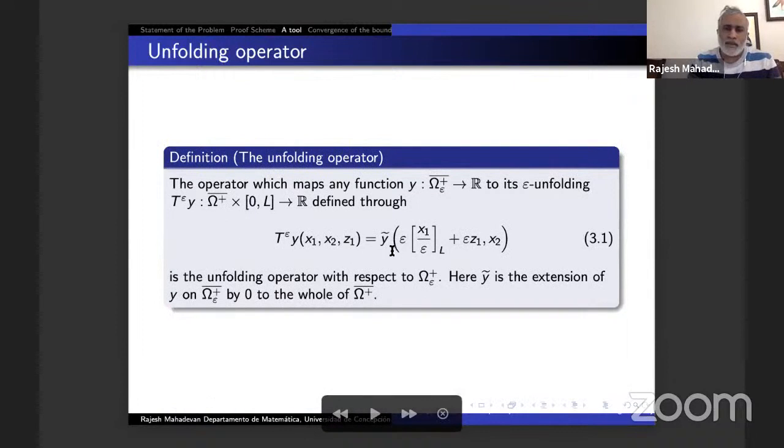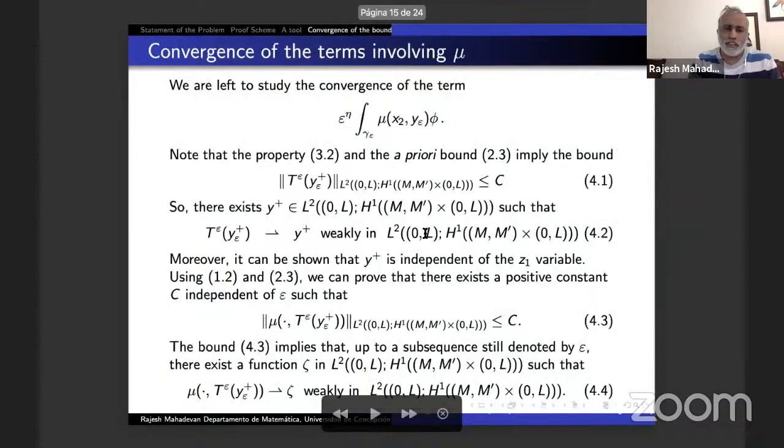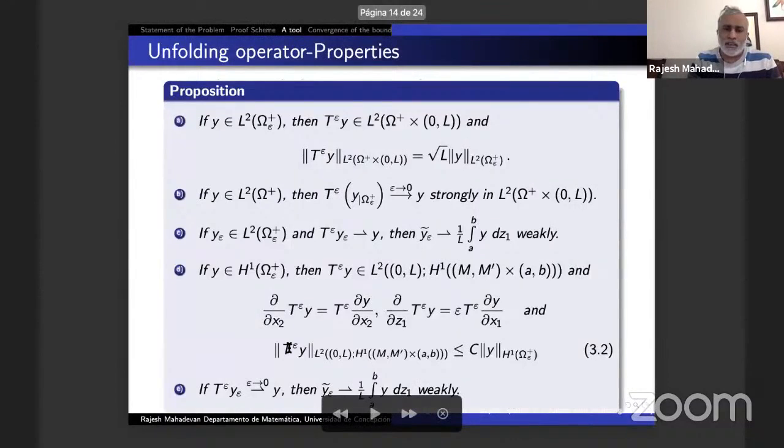you cannot expect differentiability with respect to x1. So it's only in L2 of 0, L; H1. It doesn't lose the differentiability in x2, but it loses differentiability in x1, and the unfolded function in any case has this norm estimate.